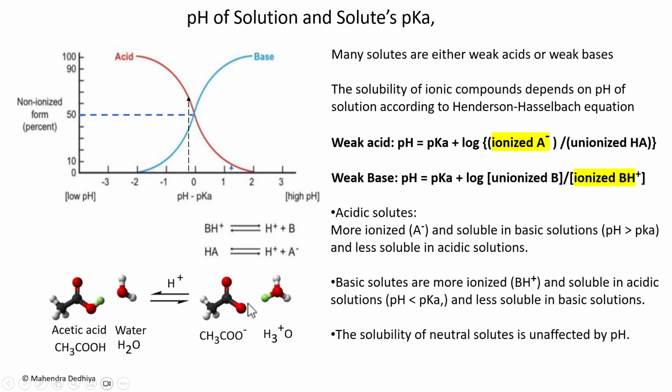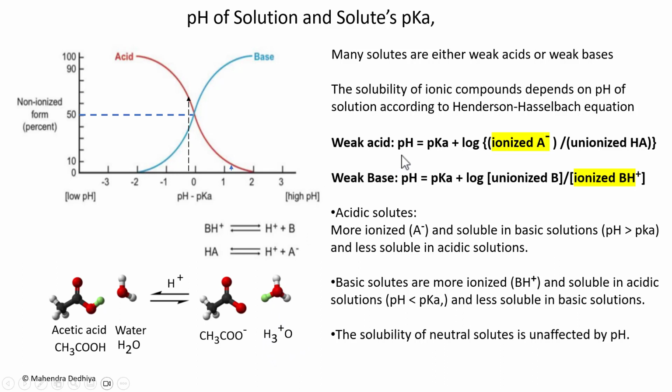Water, on the other hand, gains hydrogen and forms H3O with a positive charge. This is non-ionic species of acetic acid. Acetate is ionic species. And the pH of the solution is the negative log concentration of H3O or H plus.